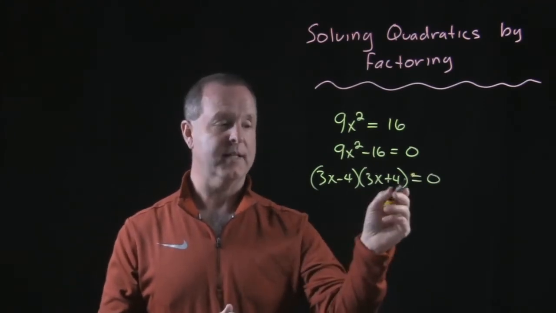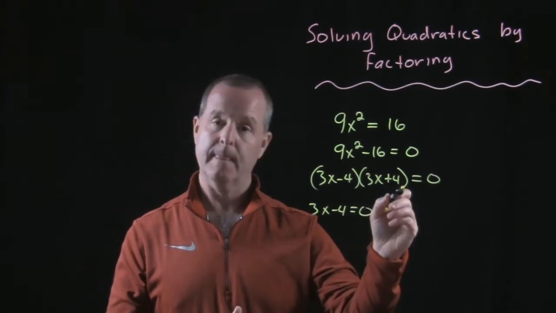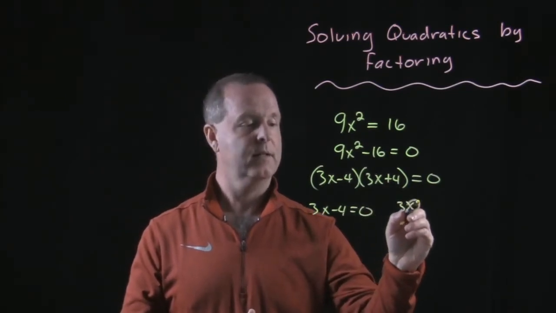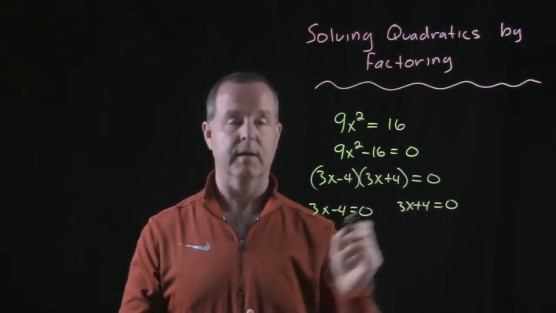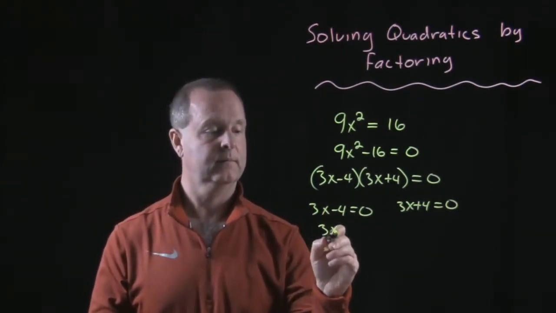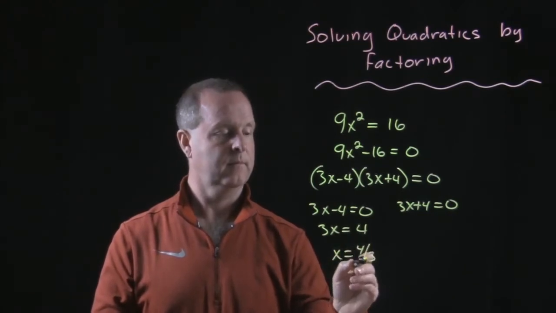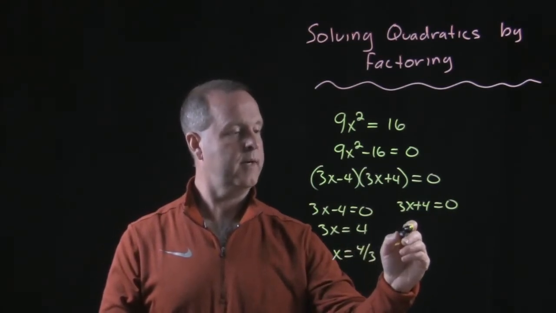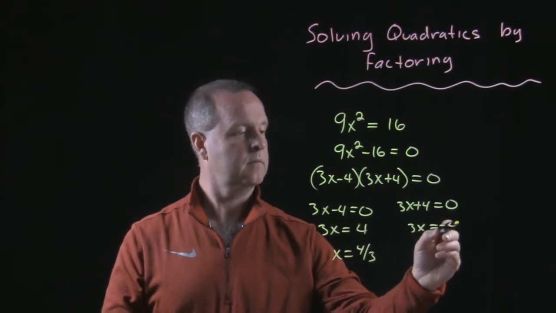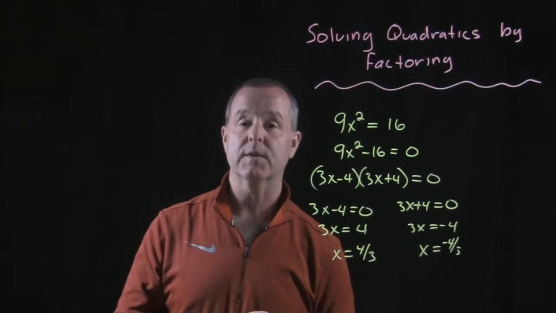Set both of these factors equal to 0. So one is 3x minus 4 equals 0. The other one is 3x plus 4 equals 0. And solve them both out. x equals 4/3 over here, and x equals negative 4/3.